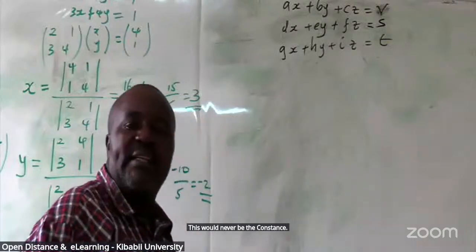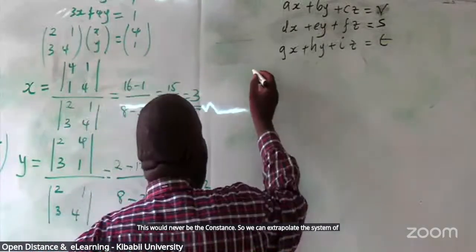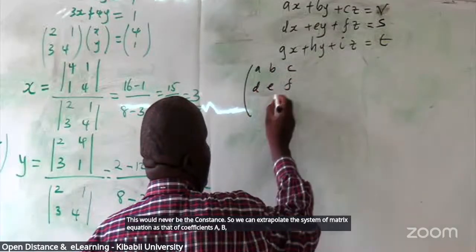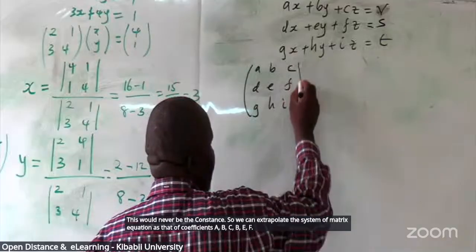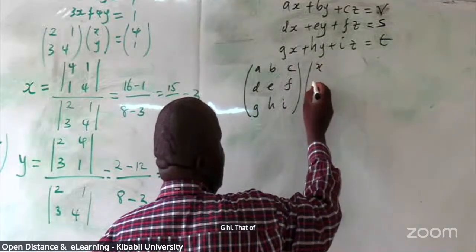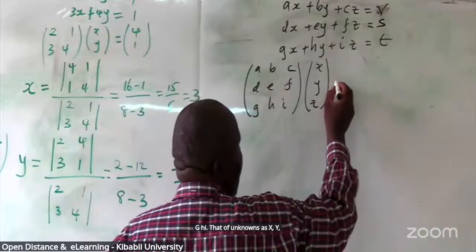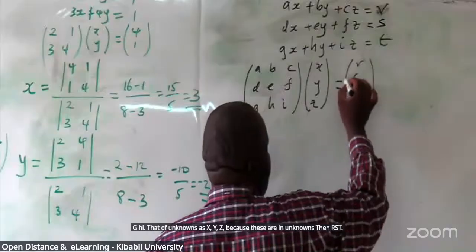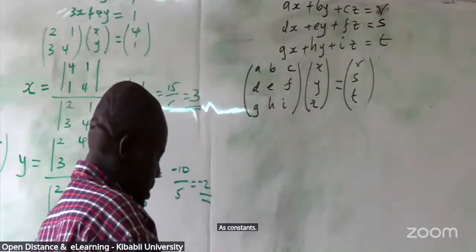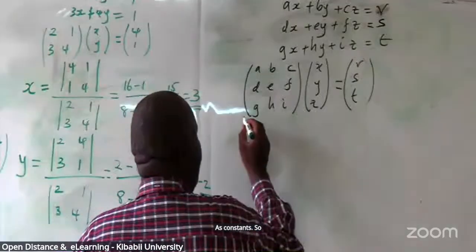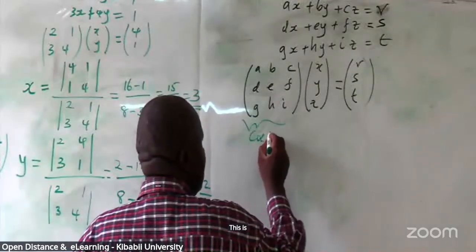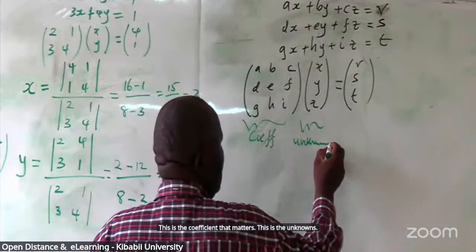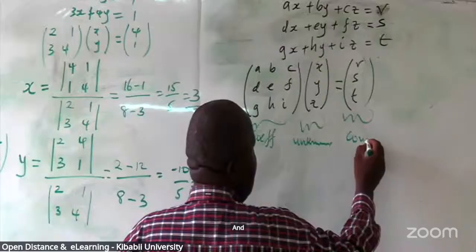So we can extract the system of matrix equation as that of coefficients a, b, c, d, e, f, g, h, i; that of unknowns as x, y, z, because these are the unknowns; then r, s, t as constants. So we know this is the coefficient matrix, this is the unknowns, and this is the constants.